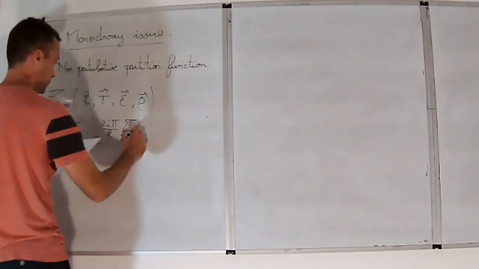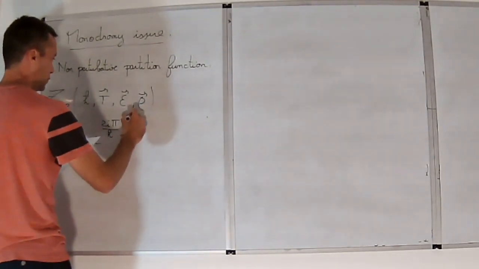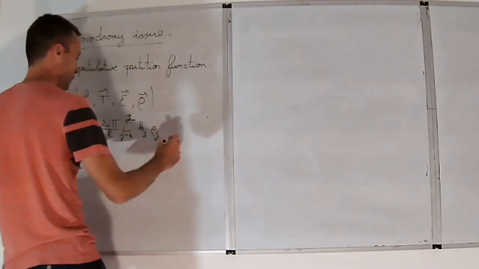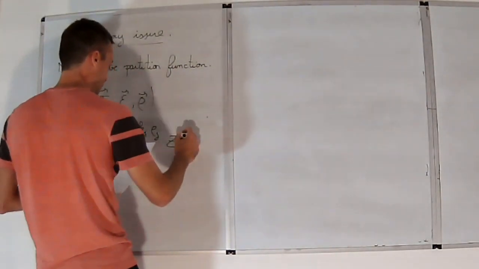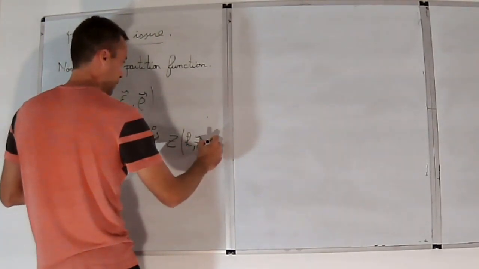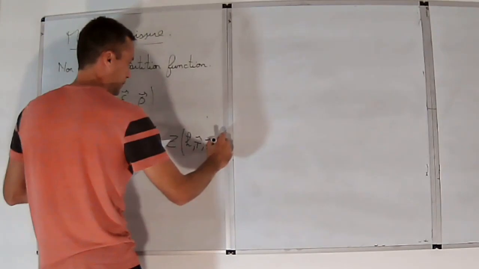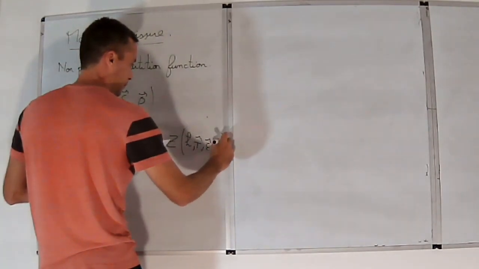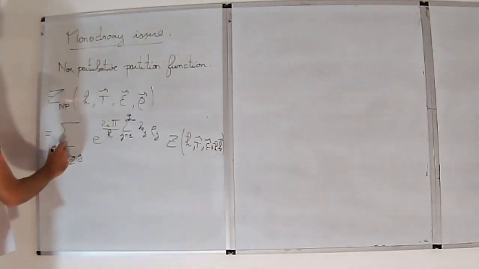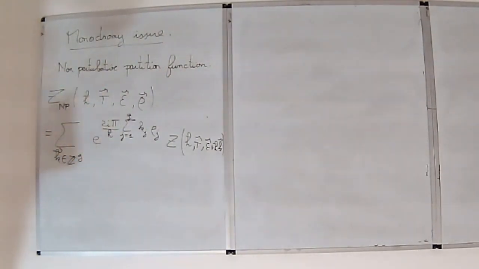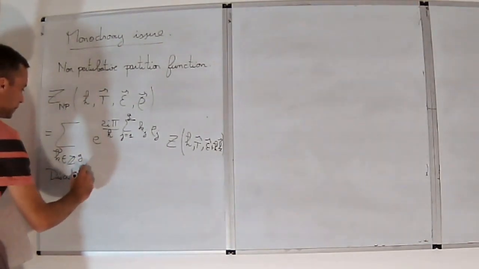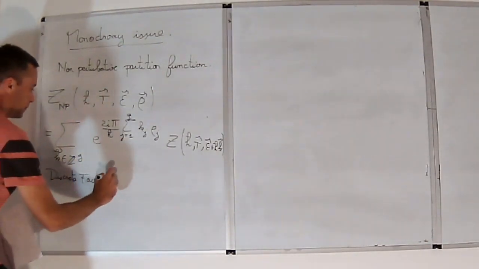j equal 1, j of k, and times the Z introduced here, h bar t's. Okay. So here k is a vector, and this is a discrete Fourier transform.